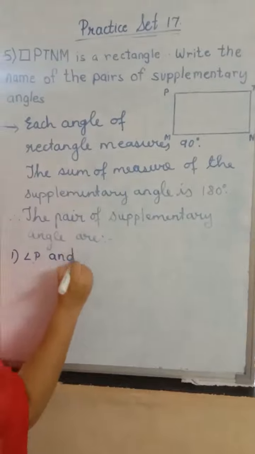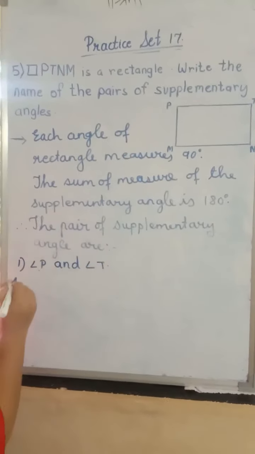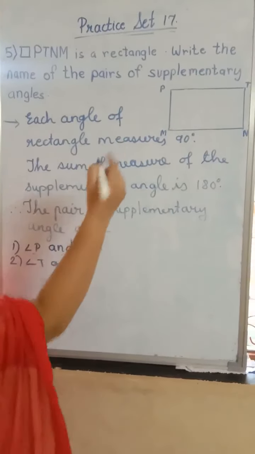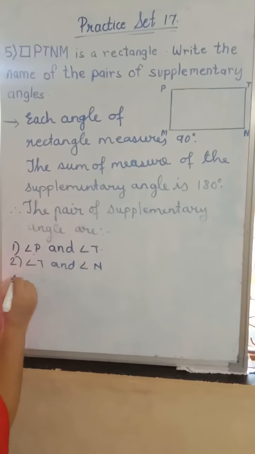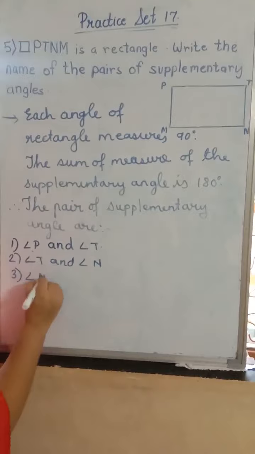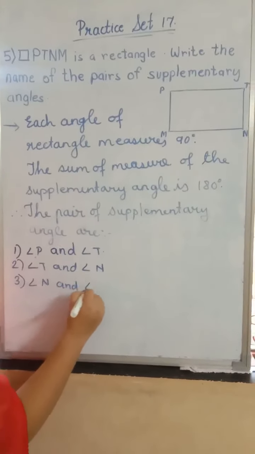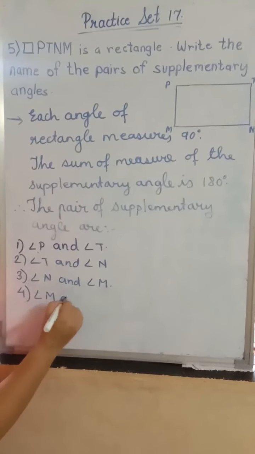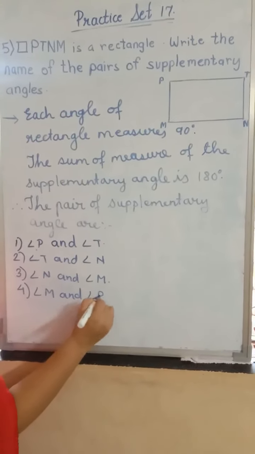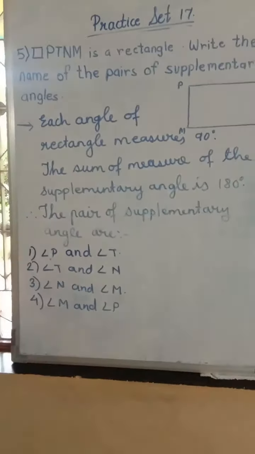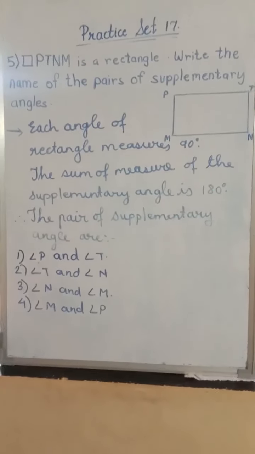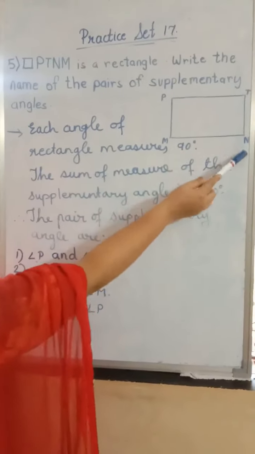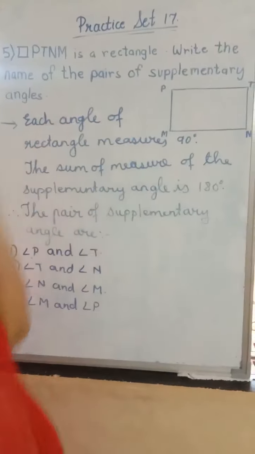Angle P and angle T. Now take angle T, angle T and angle N. Next take angle N, angle N and angle M, angle M and angle P, because all are 90, no? So any two, if you take 90, 90, 180. So P and T, T and N, N and M, M and P.